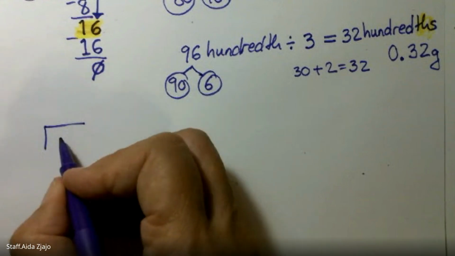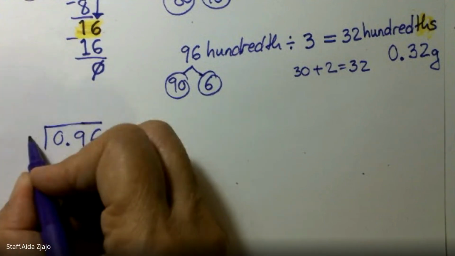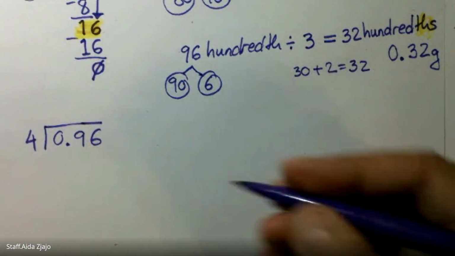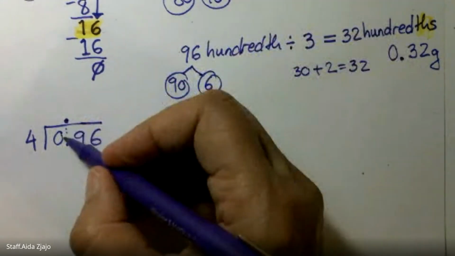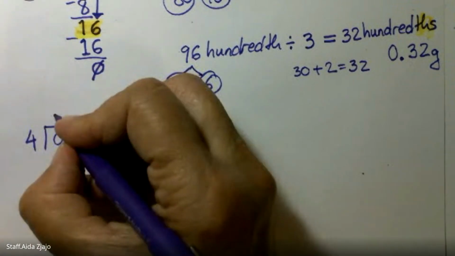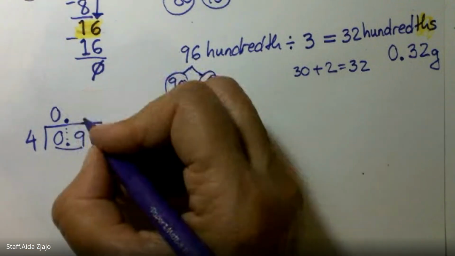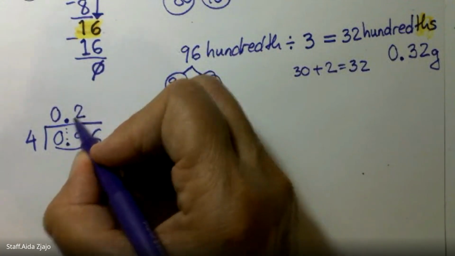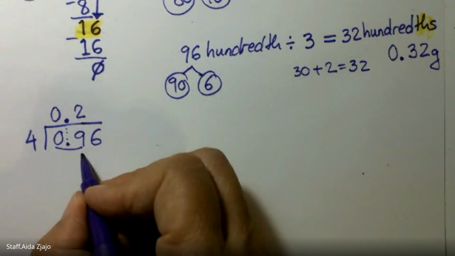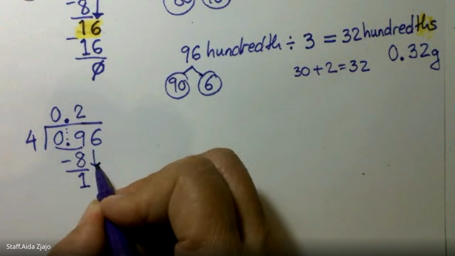Now I'm going to do 0.96 divided into 4. The decimal will appear in the same place. If I have 0 ones, I cannot share into 4 groups. If I have 9 tenths, I can share into 2 groups. 2 times 4 is 8, so I will have 1 left over.